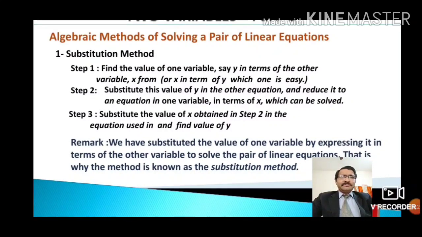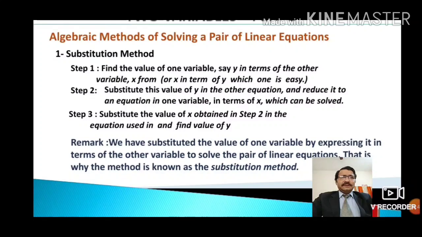Step 1: we will find the value of one variable, say y, in terms of the other variable, that is x, from the given equations. From whichever equation is easy, you can find y, or you can find x in terms of y also.